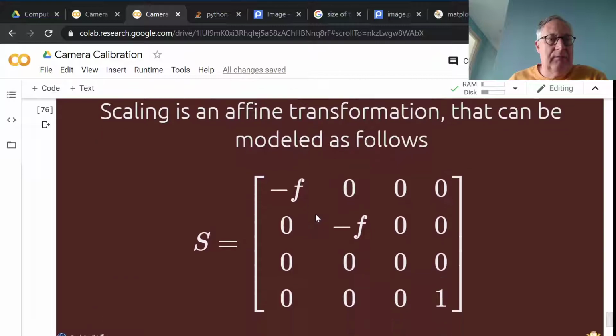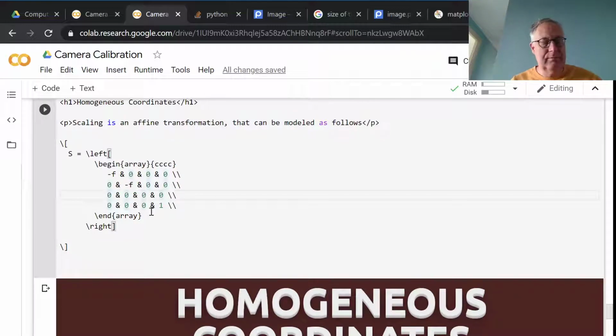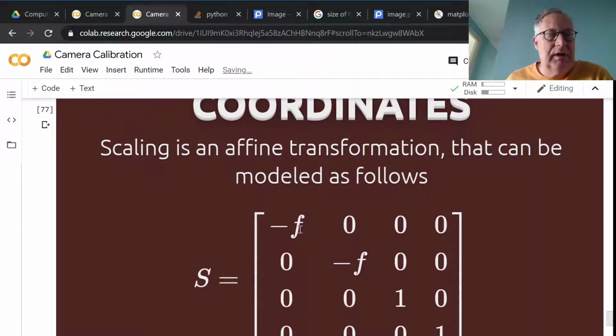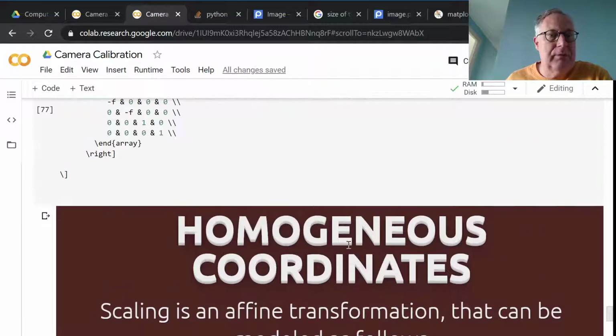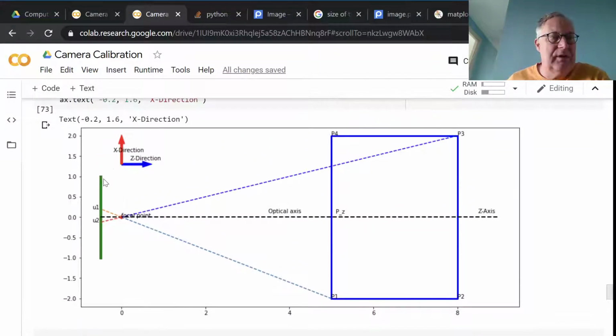Here I scale the x and the y direction by minus f. Now if you think of this in 3 dimensions, then x is going up, z is going forward, so y will go left and right.